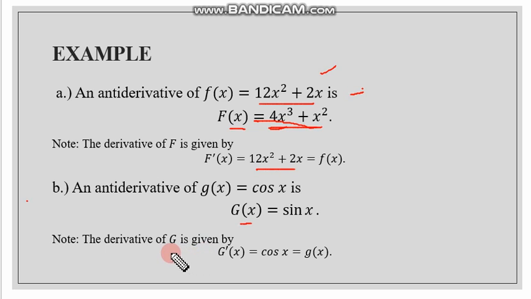Why? Because the derivative G prime of x is equal to cosine x, which is equal to the original function. So basically, it's the inverse of the derivative. So the antiderivative is the inverse of the process of getting the derivative of the function.